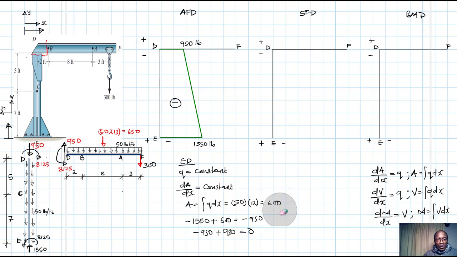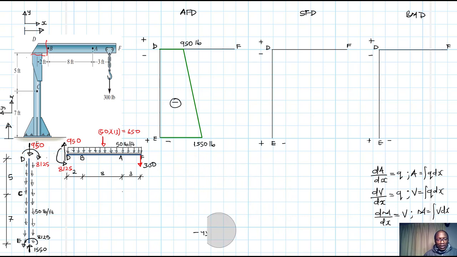We don't have any shear loading from E to D, so this is just going to be along the zero axis like so. Then from D to F, we do have something.